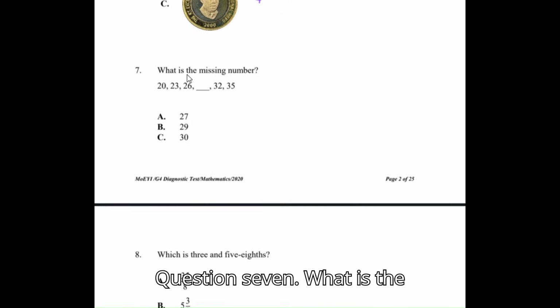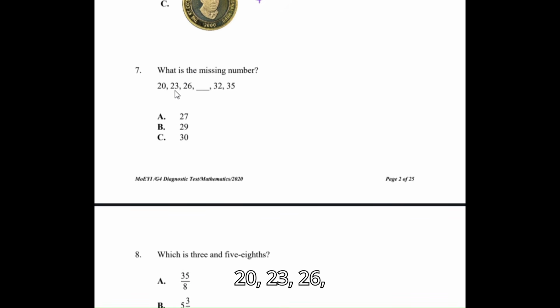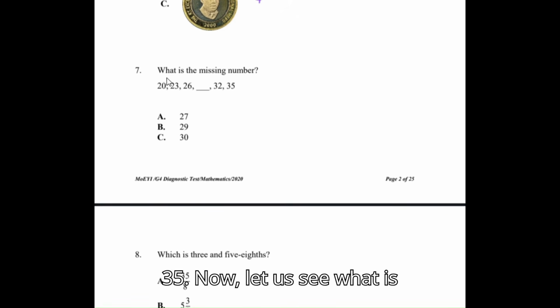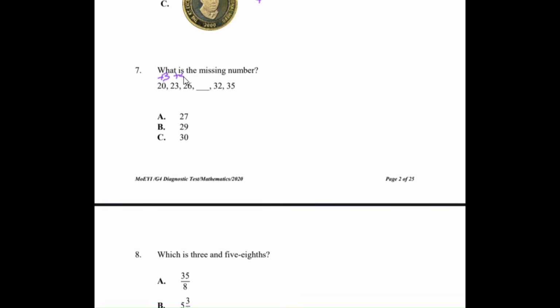Question 7. What is the missing number? We have 20, 23, 26, blank, 32, and 35. Now let us see what is happening to these numbers to cause them to change. So in order to get from 20 to 23, we see that a 3 was added. Okay, now to get from 23 to 26, another 3 was added.